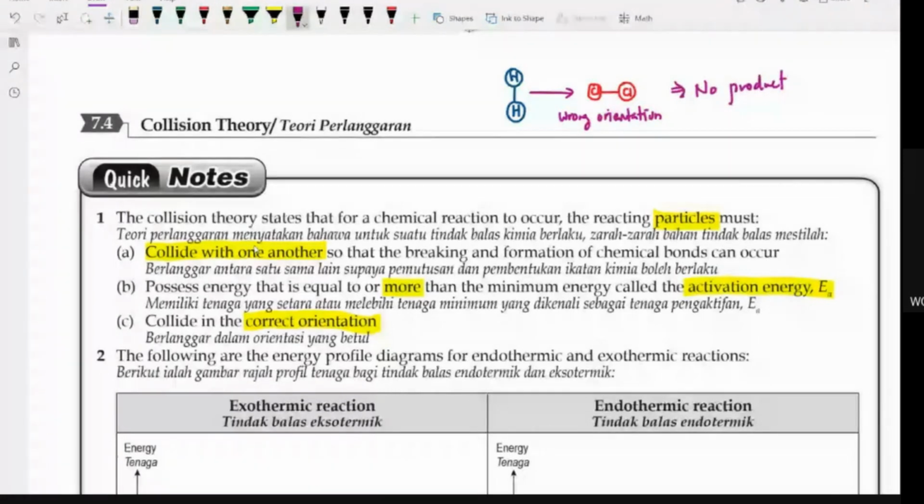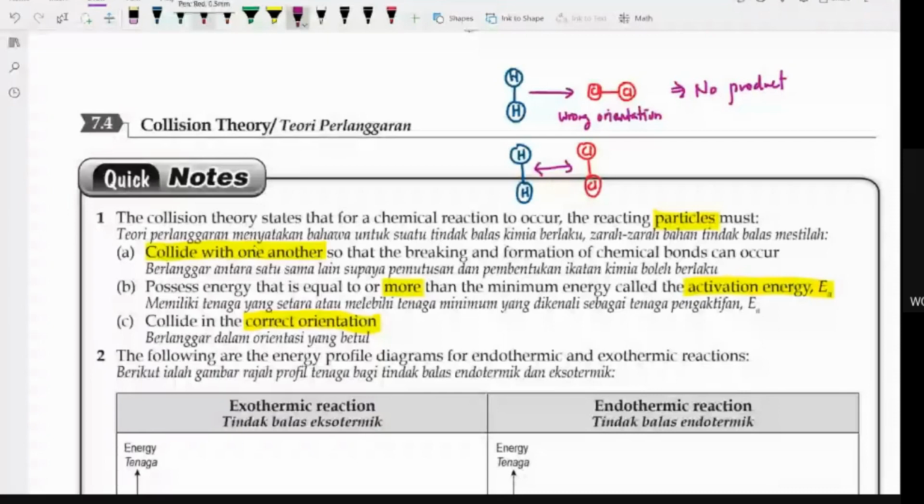Let's say hydrogen like this, chlorine like this. So when they collide each other, if it is correct orientation, then they will have bond breaking and bond formation.